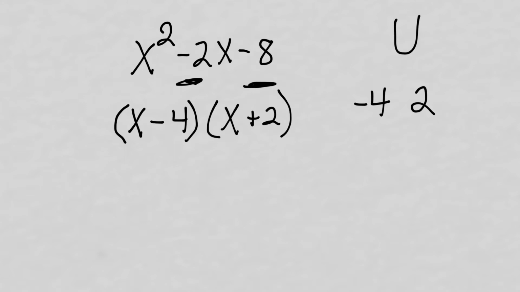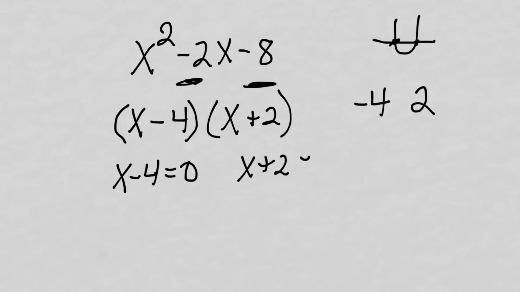All right, that's the equation, but that's not your zeros. The zeros to this equation, where this parabola touches the line, you find by setting these to 0. X minus 4 equals 0, x plus 2 equals 0.